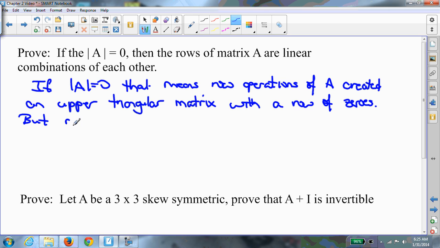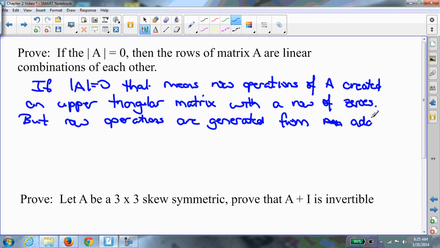But row operations are generated from multiplying or adding combinations of rows to each other.